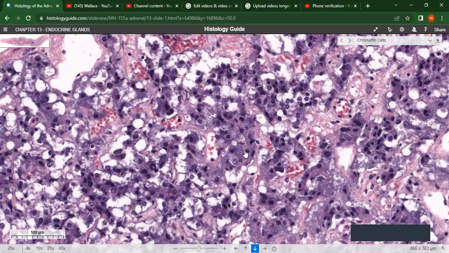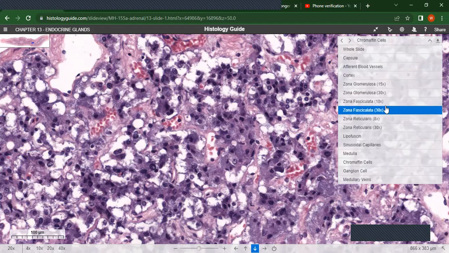So the chromaffin cells are usually regulated by the sympathetic division of the autonomic nervous system. The preganglionic sympathetic fibers usually terminate in the adrenal medulla, and when they are stimulated, they release acetylcholine, which stimulates the chromaffin cells to produce catecholamines.